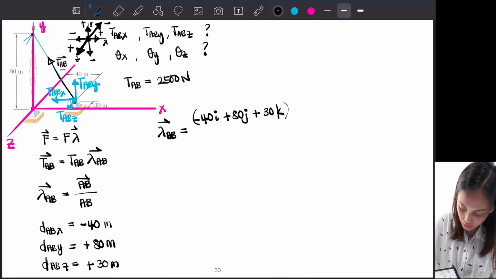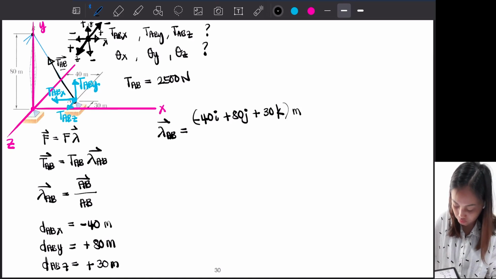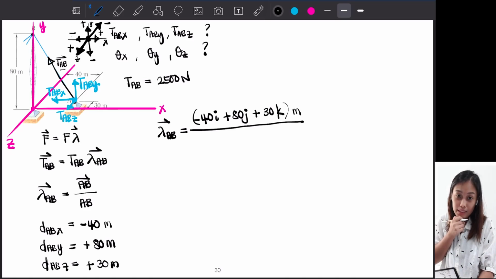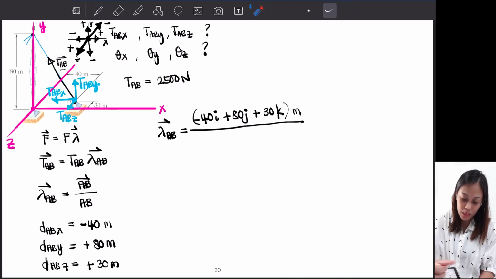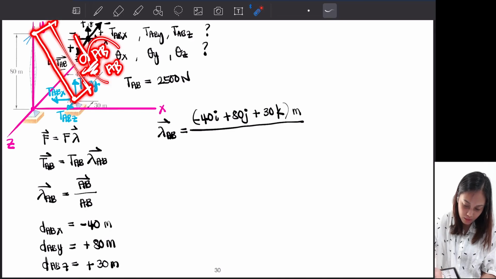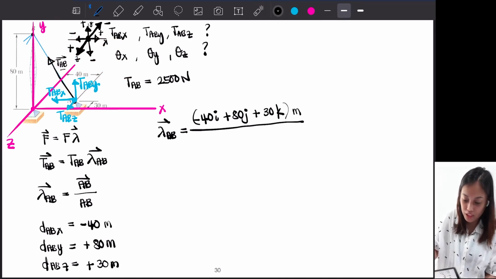All of these units are in meters, divided by the diagonal distance from point A to B. So, how much is that distance D, or DAB, or AB?